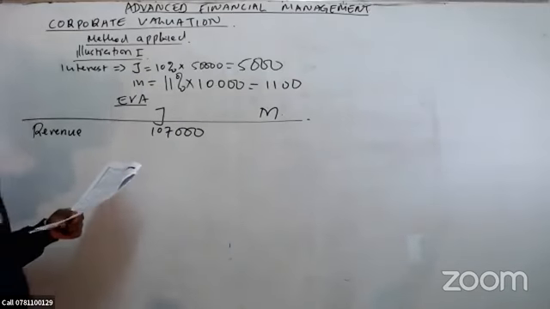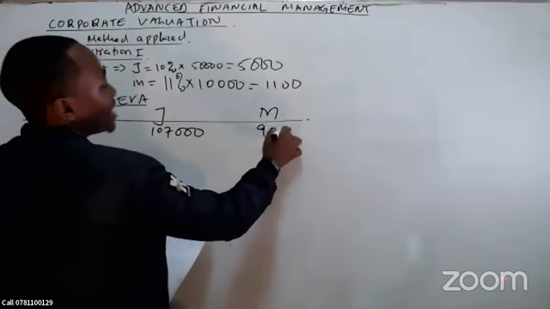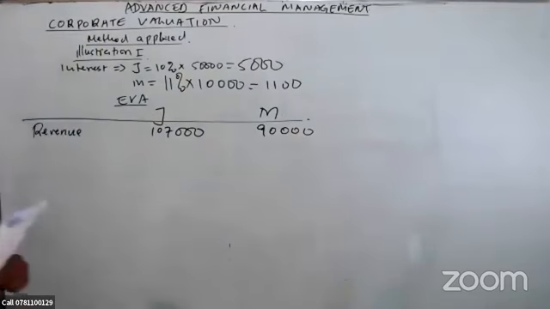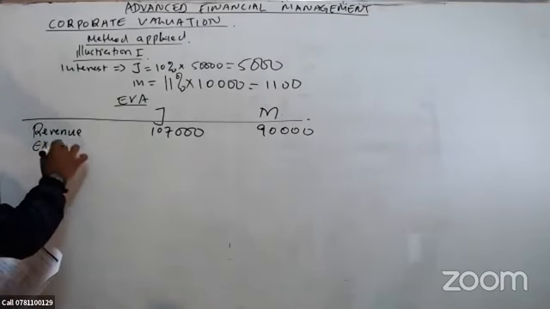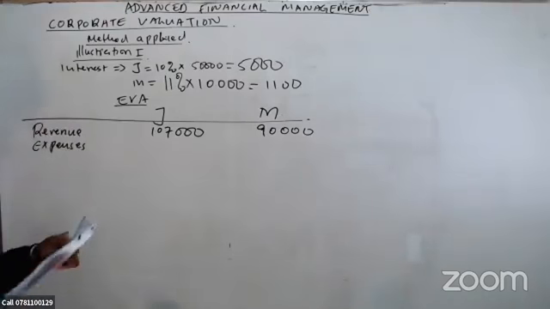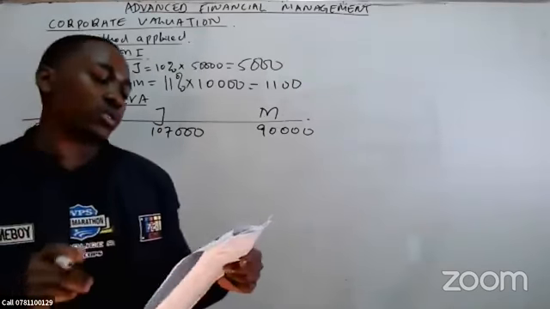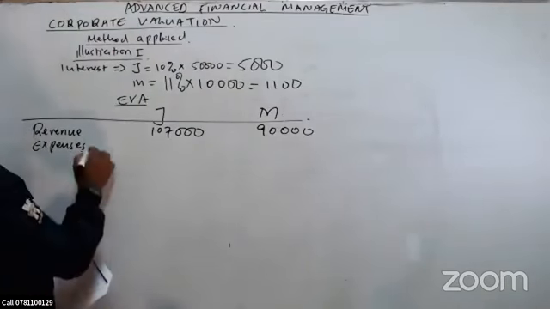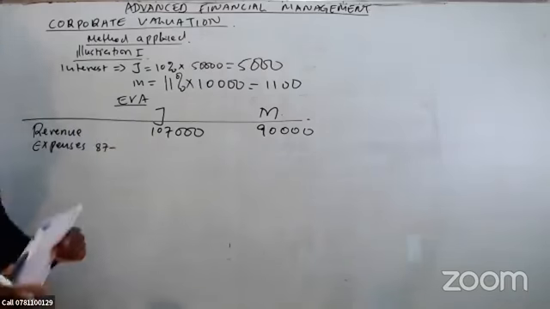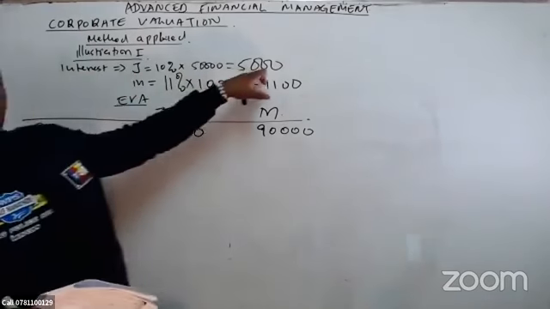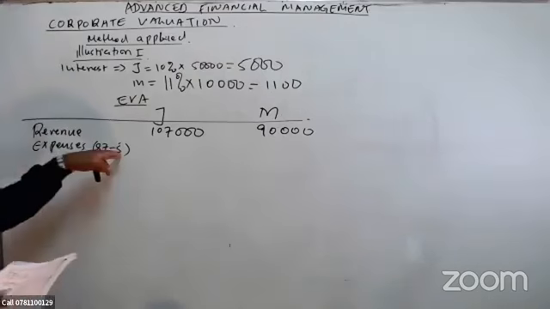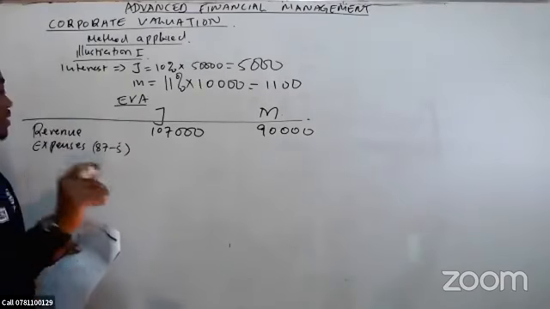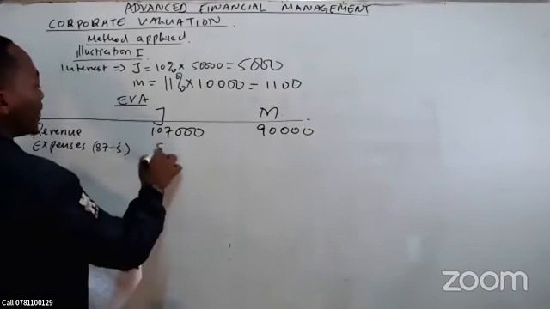Then for M, you had a revenue of 90,000. Then you also have the expenses. Now, for the expenses, you have to write them net of interest. For example, for J, we had 87. You take 87, and then you eliminate the interest of 5,000. So the operating expenses, in this case, will be 82.